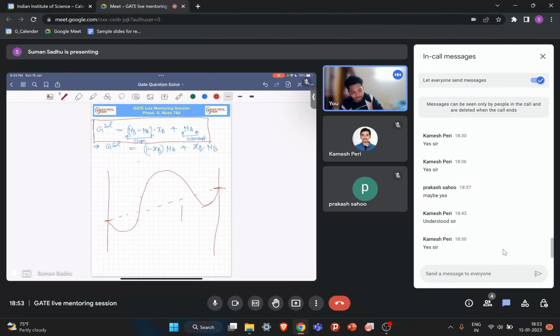Now, if you take any point here and take the tangent, it will cut somewhere here. So this will be mu A. Let's say this point is 1, so mu A 1. And take another point here. This is, let's say, point 2.